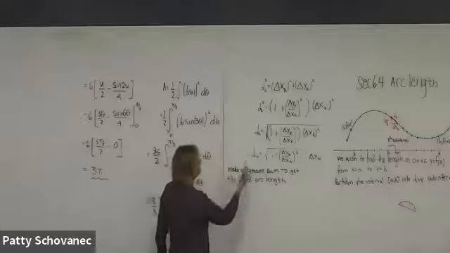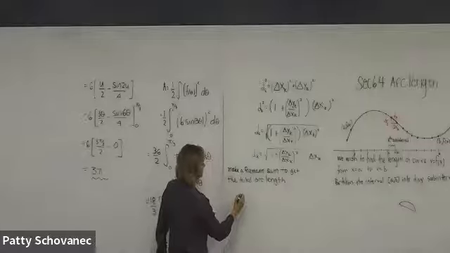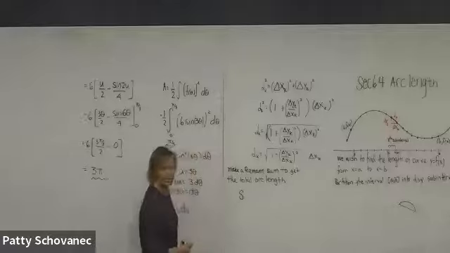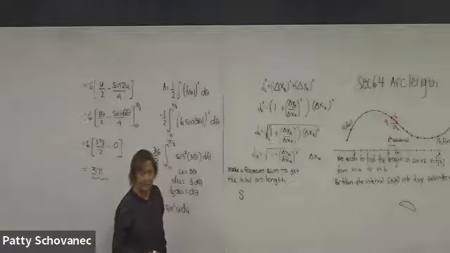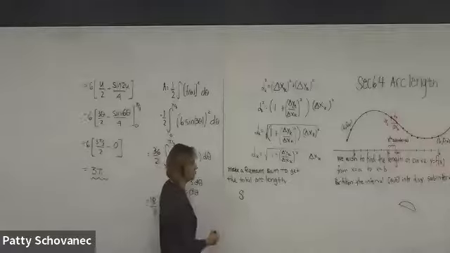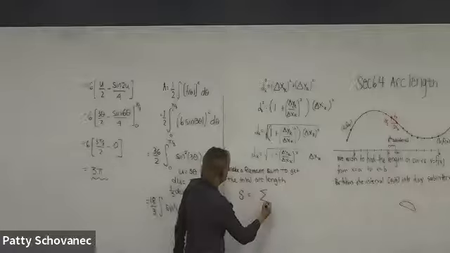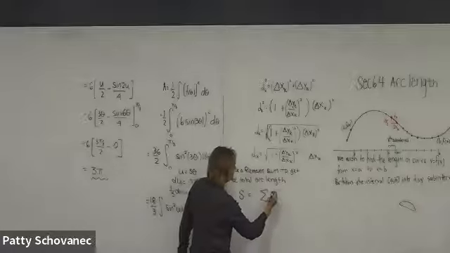I should have used an S, because arc length is usually given by S. So I'll just call it s now. It's a lowercase s. Later on when we talk about surface area, we'll use a capital S. So the lowercase s is arc length, and it's going to be the sum of all of those pieces.